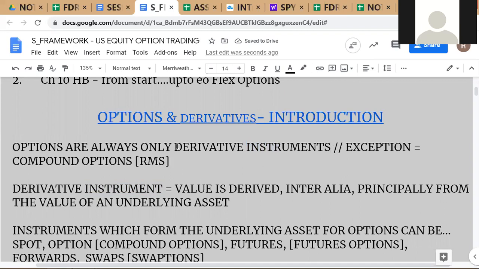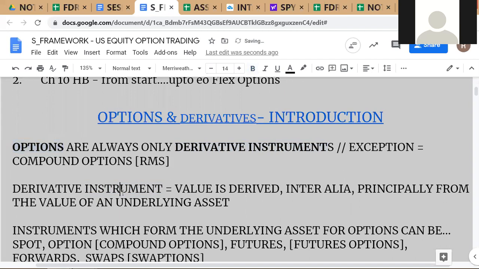So the point here to understand is what is a derivative instrument. This is an important definition. So options are always going to be derivative instruments. Remember, there's one exception, because I said only derivatives. There is an exception where options are not only derivatives, they can also be underlying instruments. That is in the case of compound options.